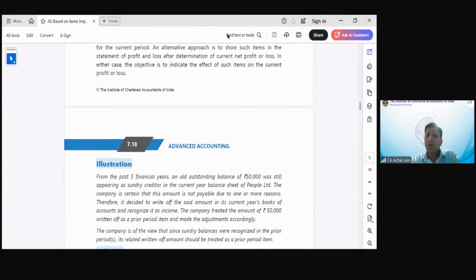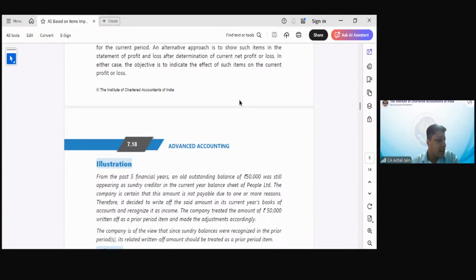Almas says it's not a prior period item because it was not due to an error in the previous years. What about others? Will you call this a prior period item? She's saying that it's not a mistake, so maybe an exceptional item. But why do you think it's an exceptional item? Romeo says this accounting treatment is incorrect since it's not an error and it's something which is in line with the requirements of the company which has taken place in the current year. So that's why you will not be calling it an error.